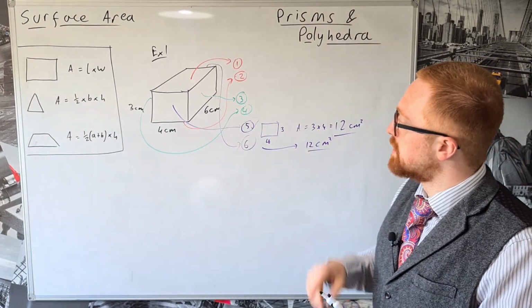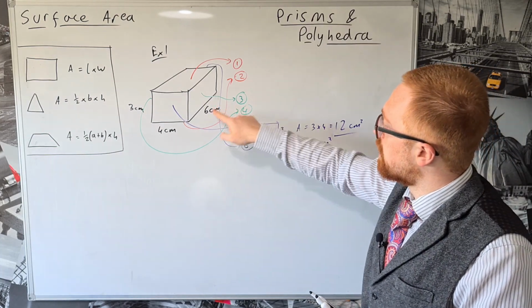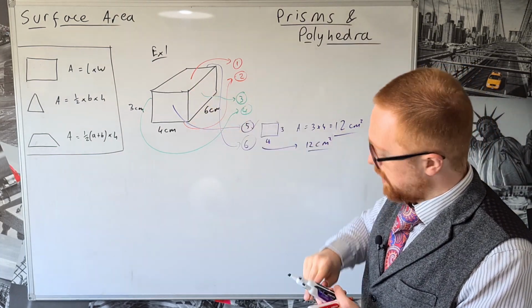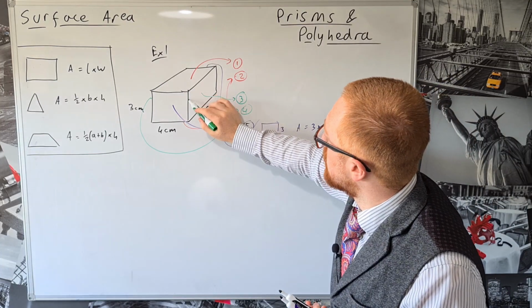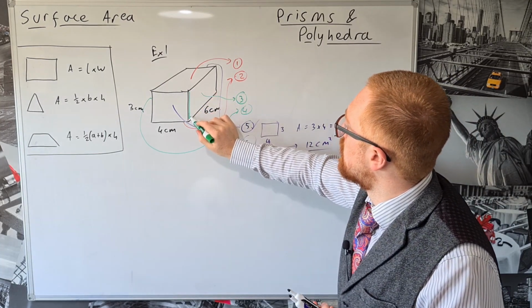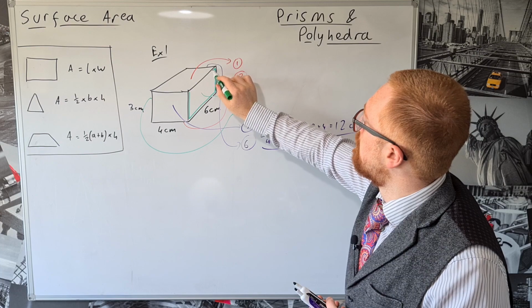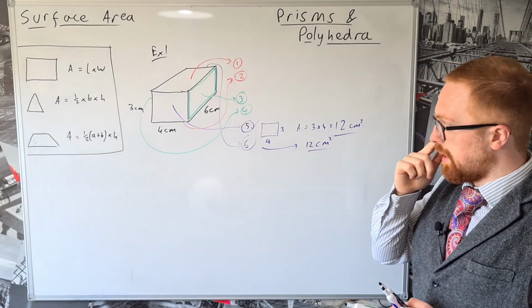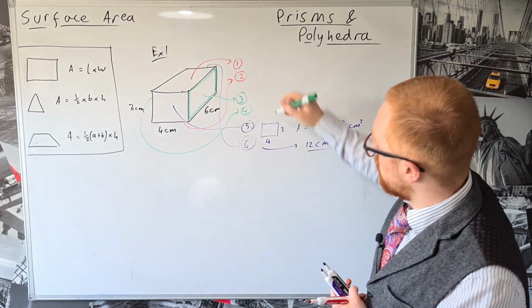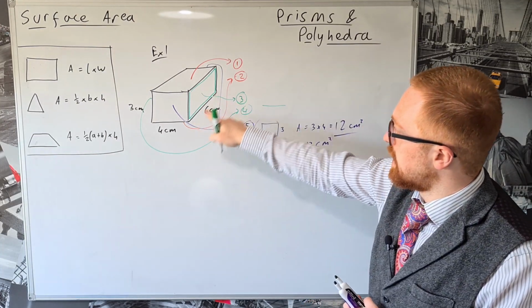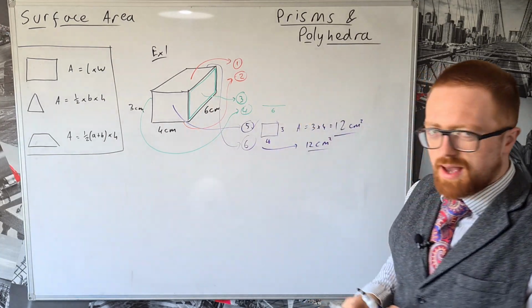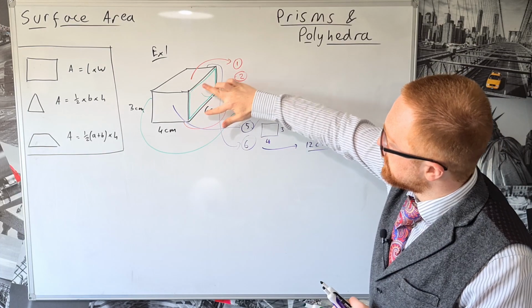Let's have a look at these green ones now. So let's have a look at number 3. So number 3 is this rectangle here. Let's draw it on in green so you can see where it is. Number 3 is that rectangle there. Now the bottom of that rectangle we can see is 6. But there's maybe a little bit of question on what the height of the rectangle is.